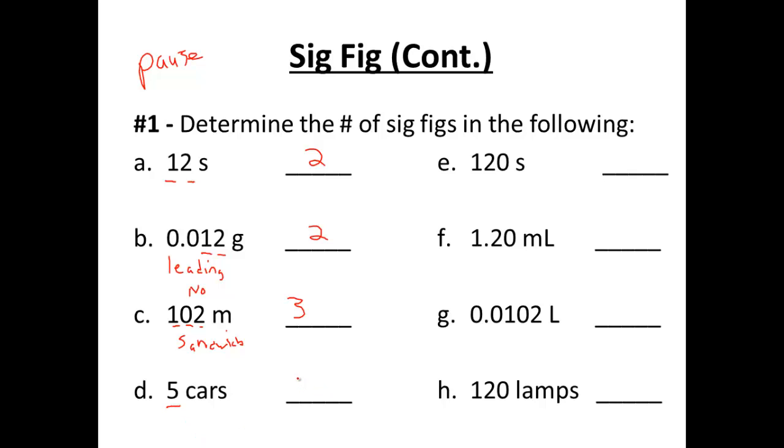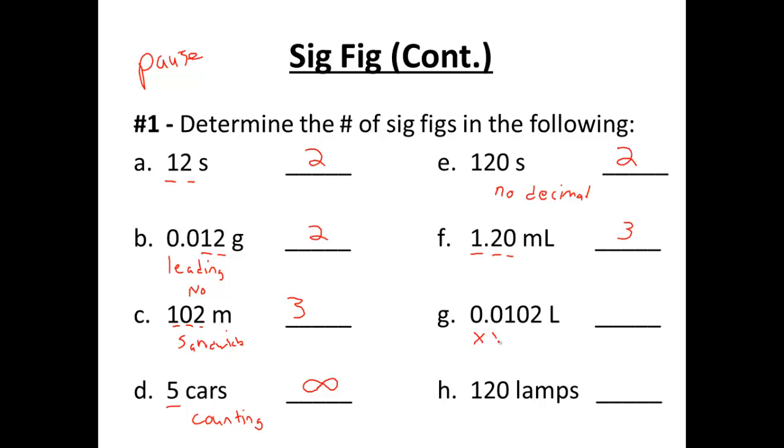Make sure we didn't put 1 down here. Counting is always an infinite number of significant figures. 120 seconds, 2. Reason why? No decimal. 1.20. Since there is a decimal and trailing zero, all 3 are significant from our rule.